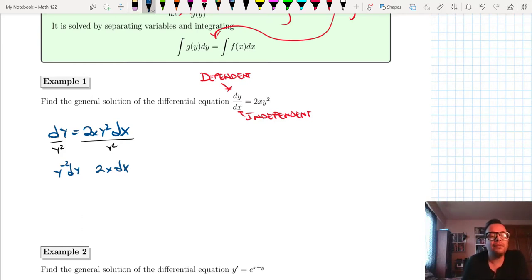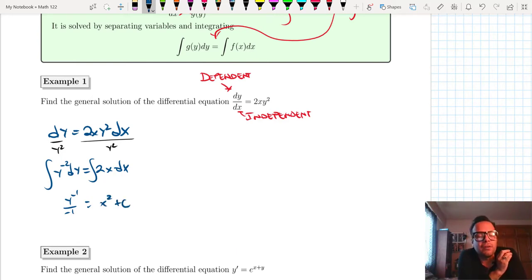So now that we have the variables separated, integrate both sides. The integral of y to the negative 2 is y to the negative 1 divided by negative 1, and the integral of 2x is simply x squared plus c. Notice I didn't put the constant of integration on the right hand side. Let me do this on the side to explain why.